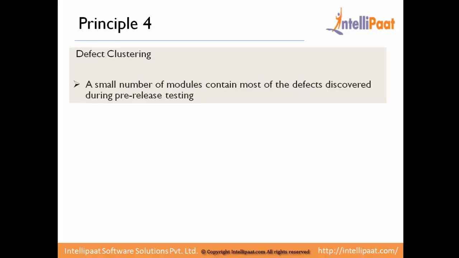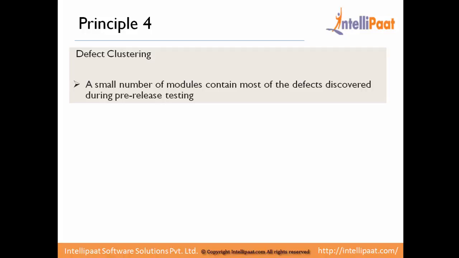The next principle, number 4, is defect clustering. A small number of modules contain most of the defects discovered during pre-release testing. Like we discussed earlier, if you try to test all the modules at once, then definitely defects would be clustered and piled up upon each other, and the development team has to go through all of those modules and their defects at once.